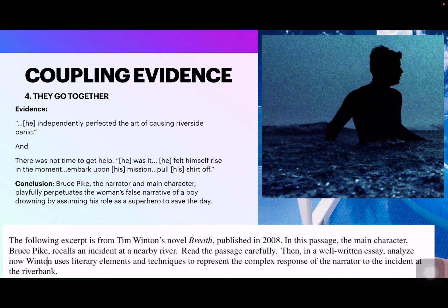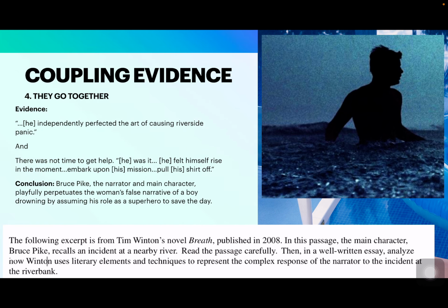The next one is coupling evidence. And you've probably heard the term, they go together, right? So in this case, you need this piece of evidence to go with this one in order for it to work. So for example, he independently perfected the art of causing riverside panic, right? And then the other one that I think goes together is, there was no time to go get help. He was it.